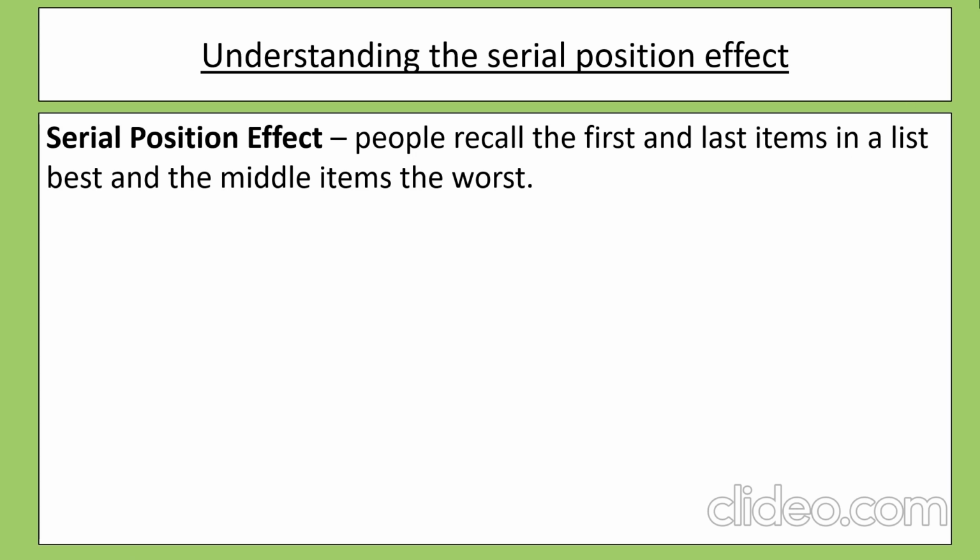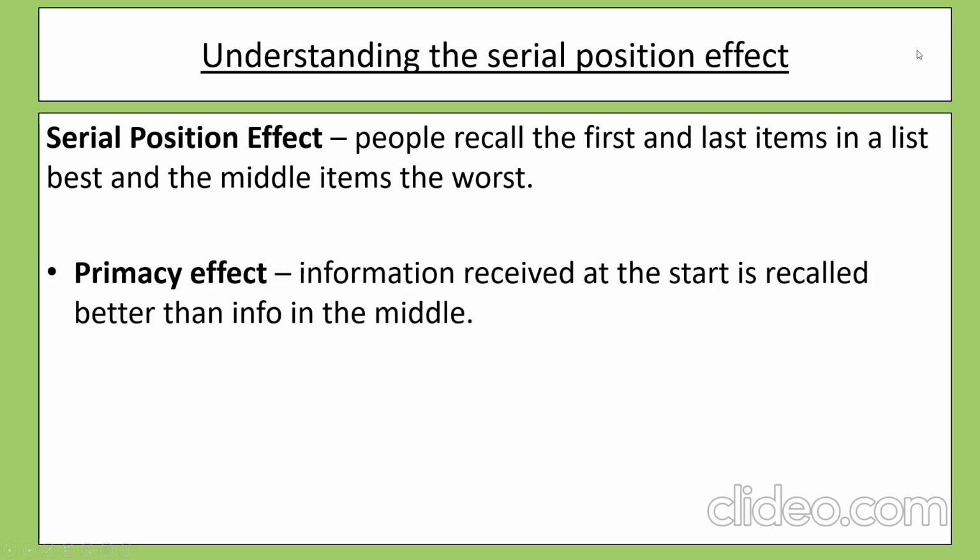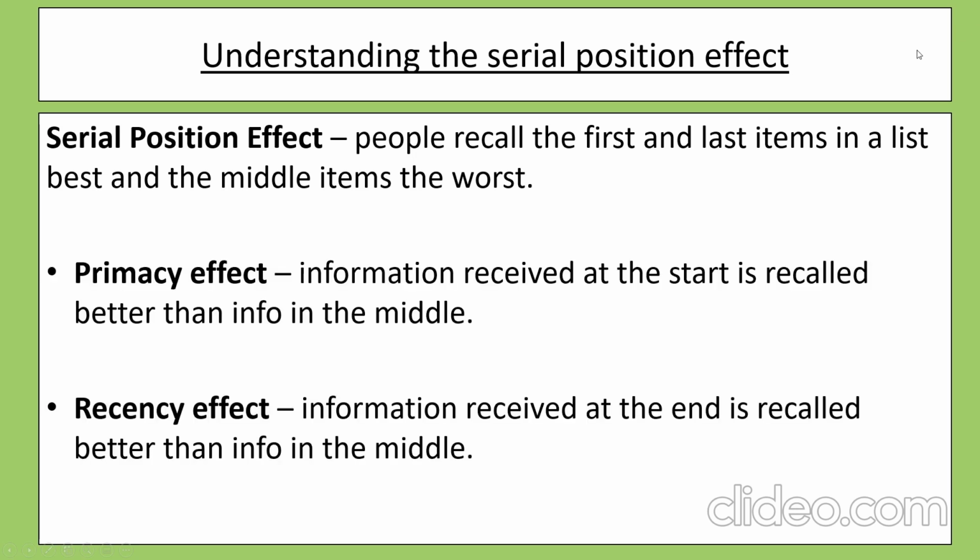If we break this down into its 2 parts, you've got these 2 words. The serial position effect is made up of the primacy and the recency effect. So the primacy effect is that when you receive a list of information, you remember the beginning really well. And the recency effect is when you receive a list of information, you remember the end really, really well.